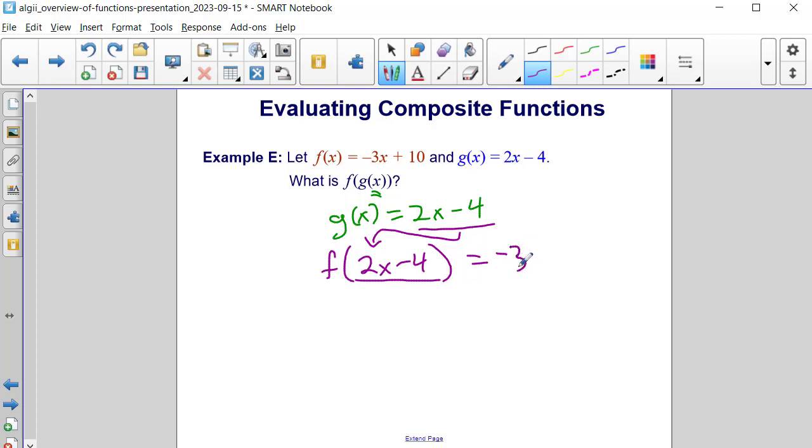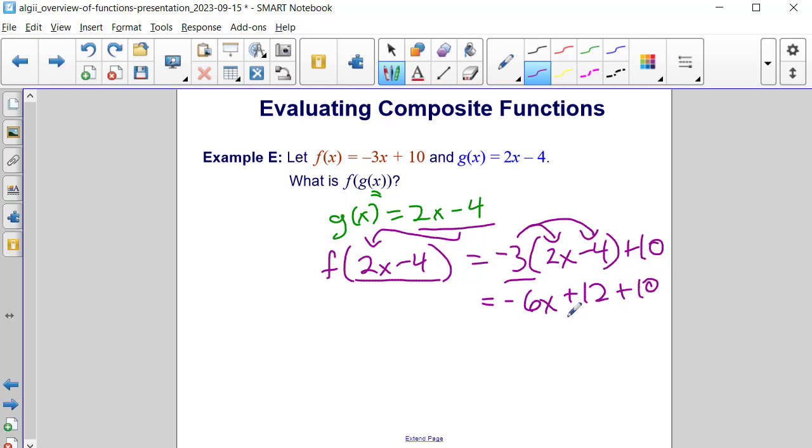So we have -3 times 2x minus 4, and then plus 10. And then we're going to distribute the -3 to both terms. So we have -6x plus 12 plus 10, and then we can combine our like terms to have -6x plus 22 as our final answer for f of g of x.